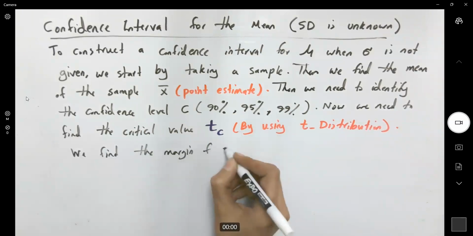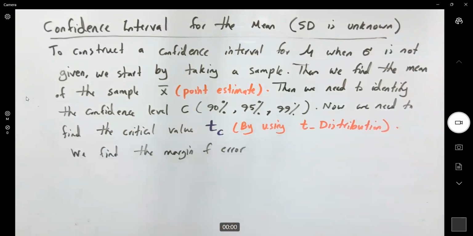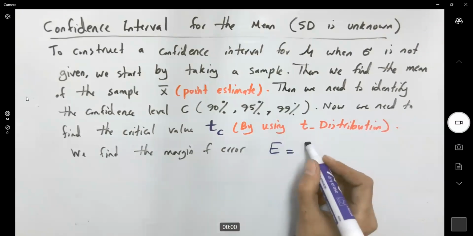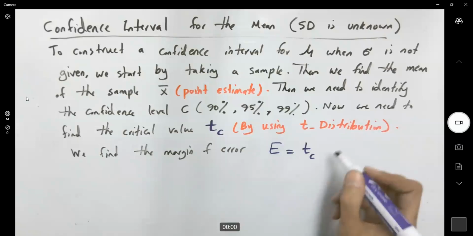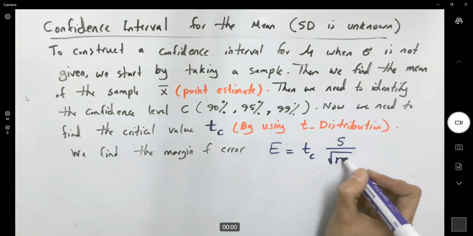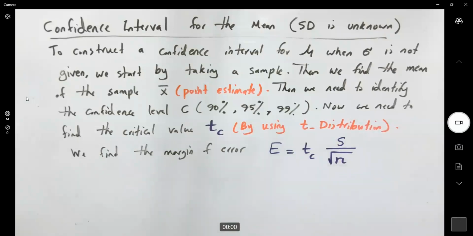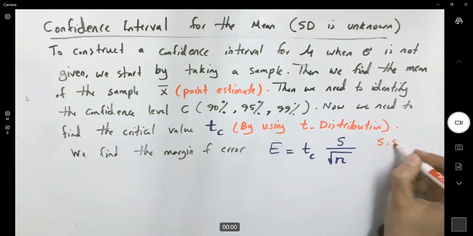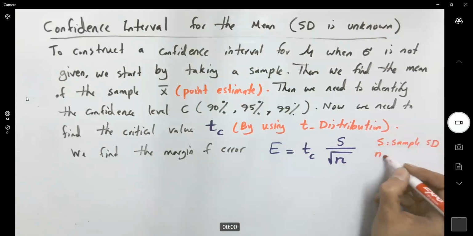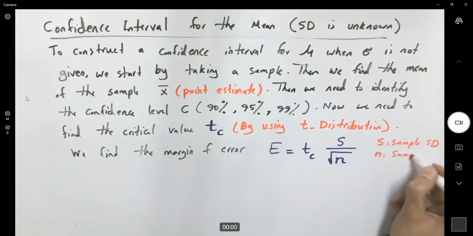The margin of error, E, is equal to t sub c times s over the square root of n. What is s? s is the sample standard deviation, and n is the sample size.